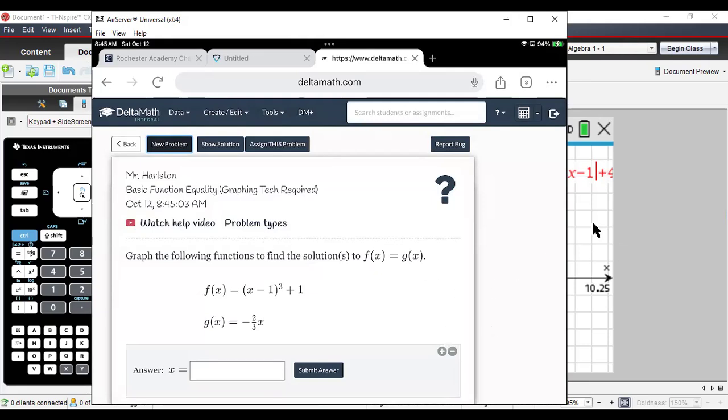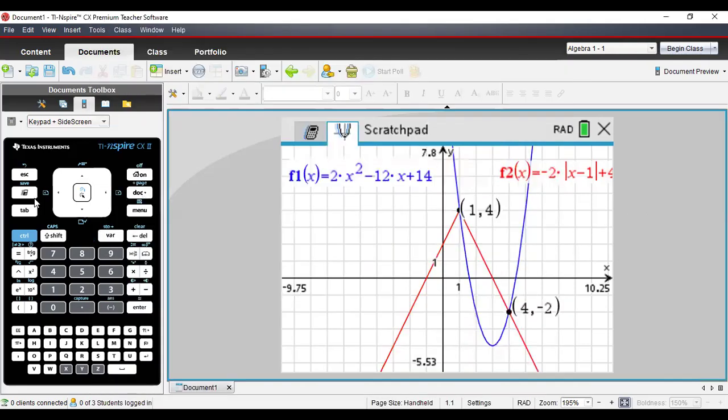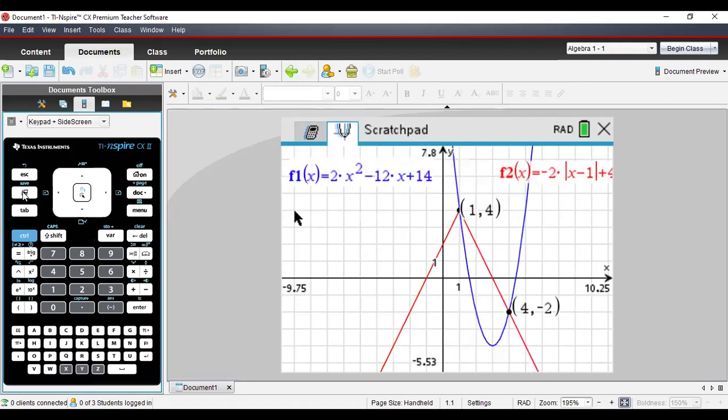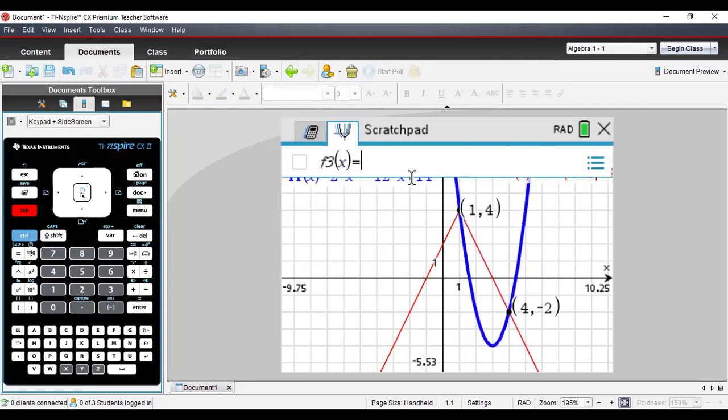Let me just summarize a couple things. You want to use this key to get to functions. Every time you enter a function, you press tab, and it'll give you the next function. If you're trying to enter a function and you get something that's not F1, that means there's another function in there someplace. All right, so this is how you graph.